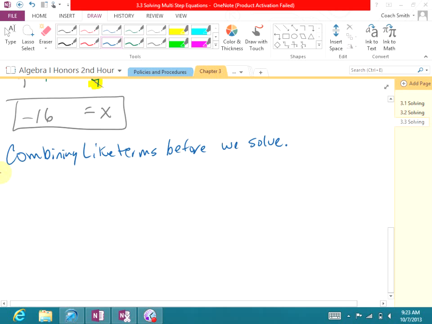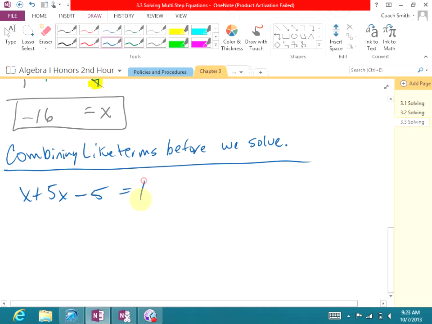Okay, combining like terms before you solve. All right, now, let's see here. X plus 5x minus 5 equal 1.